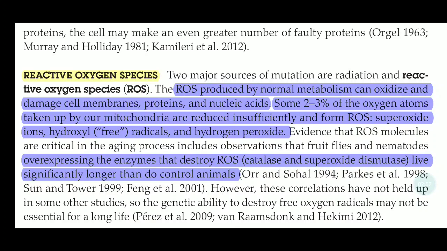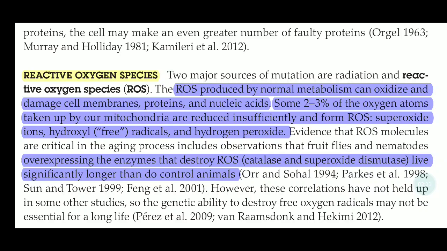And the oxygen atoms, which are taken up by the mitochondria during the process of metabolism, when insufficiently reduced, produce highly reactive chemical compounds like hydrogen peroxide and superoxide, which affect those nucleic acids, proteins, membrane structure, etc., and thereby they are affecting those physiological functions.